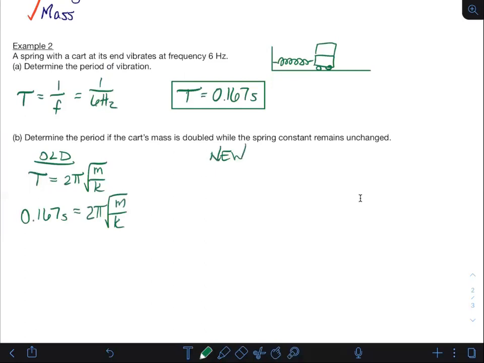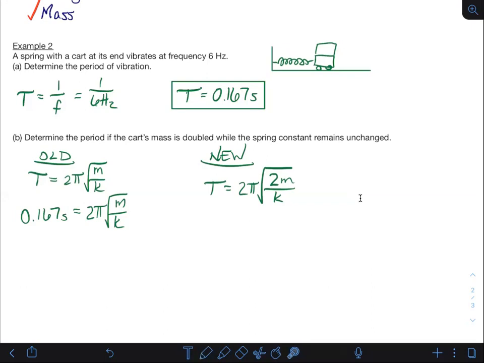And now they are telling us that they're going to double your mass. Okay, so again, the relationship for a period of a mass spring system, right? The only info that we have is the fact that now this is supposed to be 2m, but we don't actually know what m is. We don't actually know what k is.